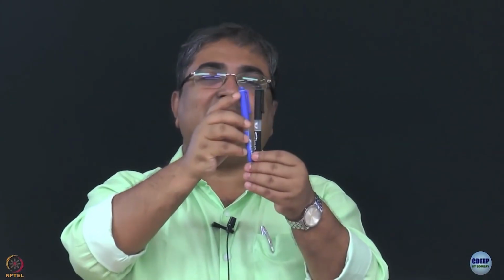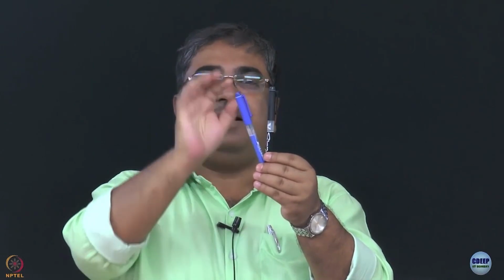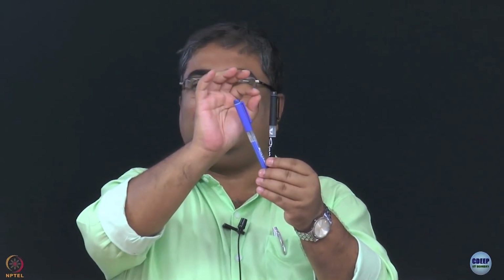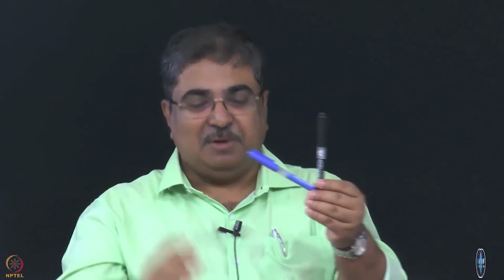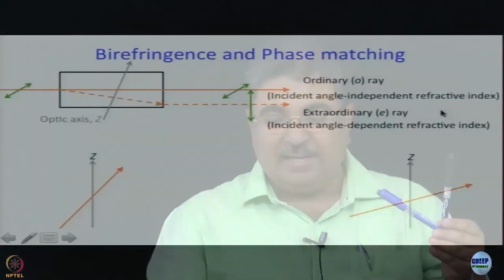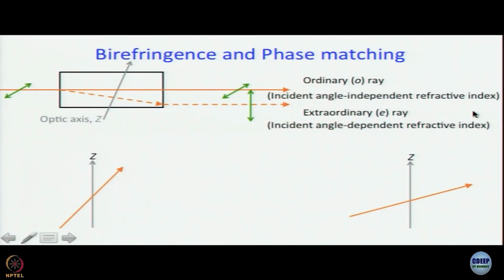For the ordinary ray, if I plot, so for this angle theta 1, I plot NO, then for this angle I will plot NO. It will be the same, is it not? Because remember, for an ordinary ray, refractive index is not dependent on the incident angle, right. So, I will get a circle, and it is a polar plot.